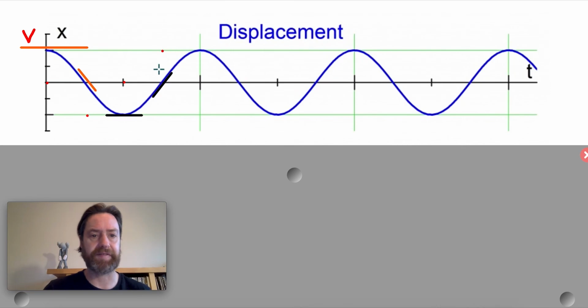That's the maximum positive velocity. So that's become horribly messy.